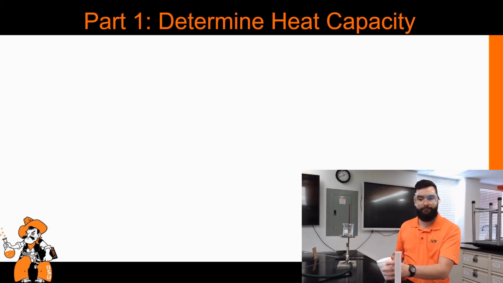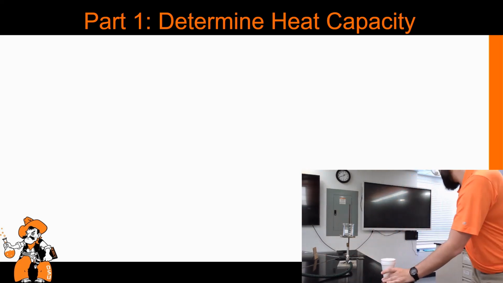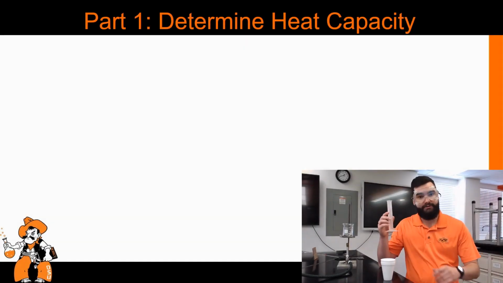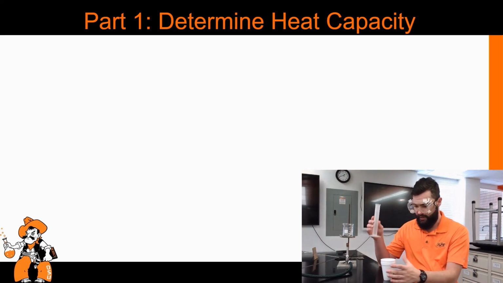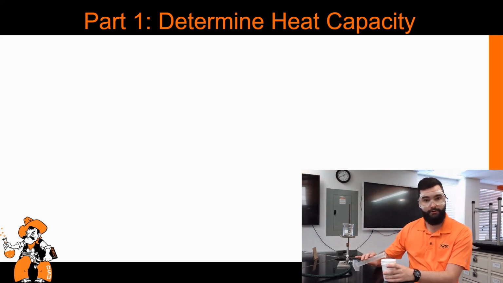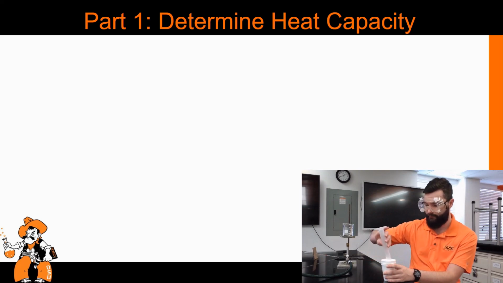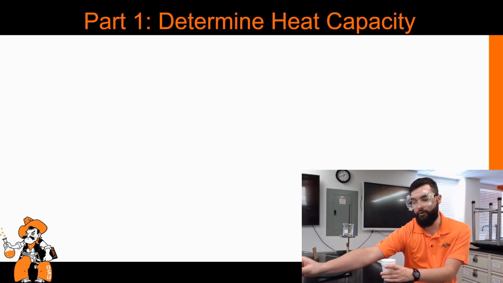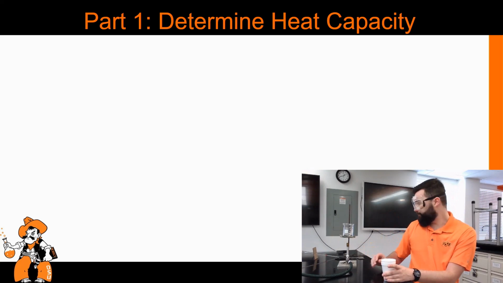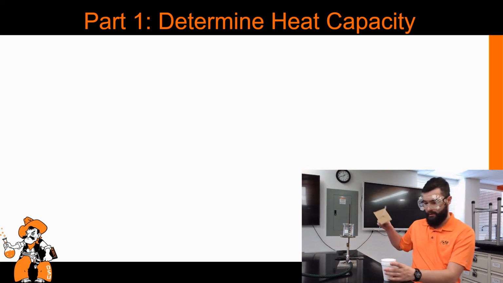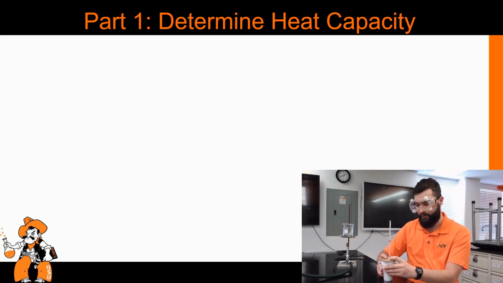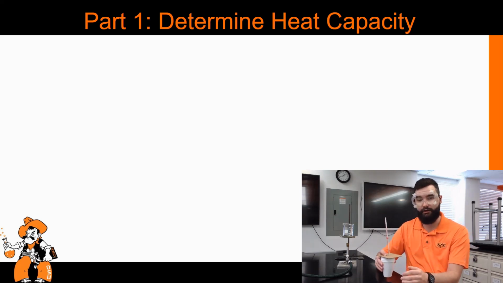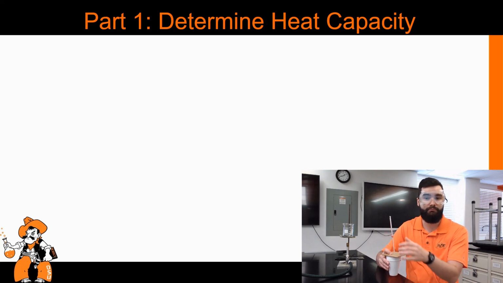So now I measure out 50 milliliters. So now I will take my 50 mils of room temperature water and add it to my room temperature calorimeter. I will record the temperature of the water inside the calorimeter, and therefore also the temperature of the calorimeter, since they both should be room temperature.